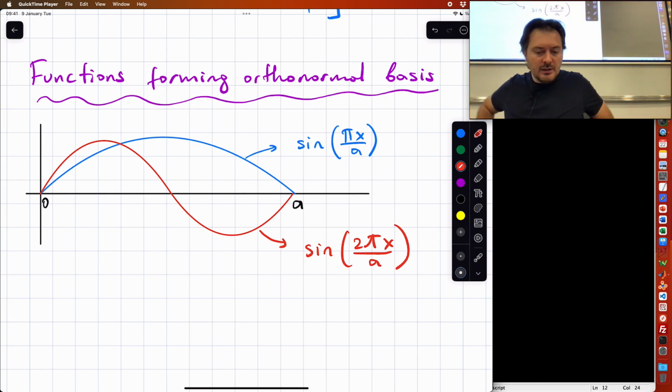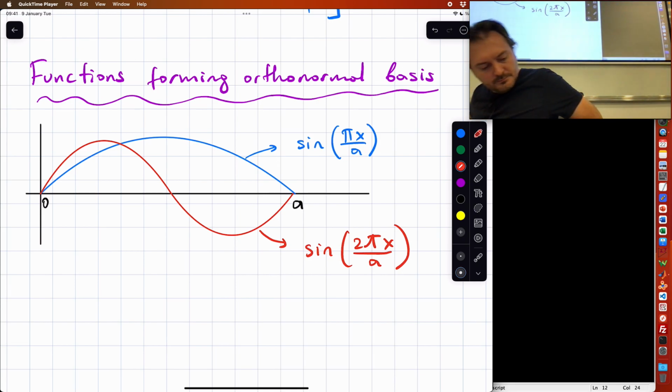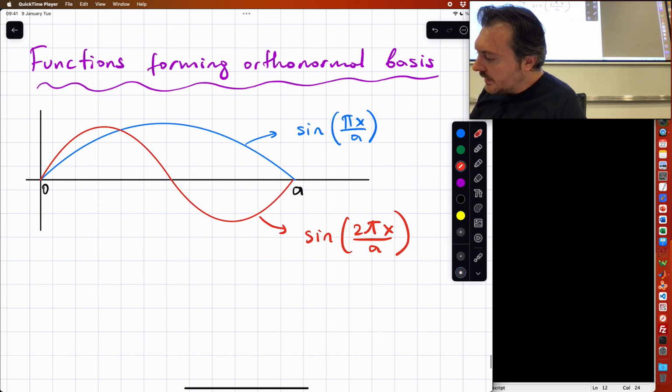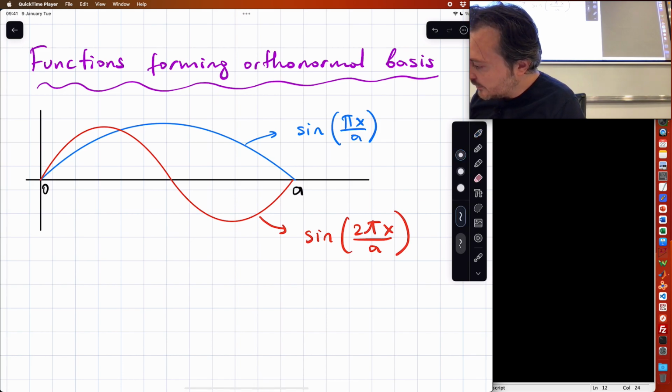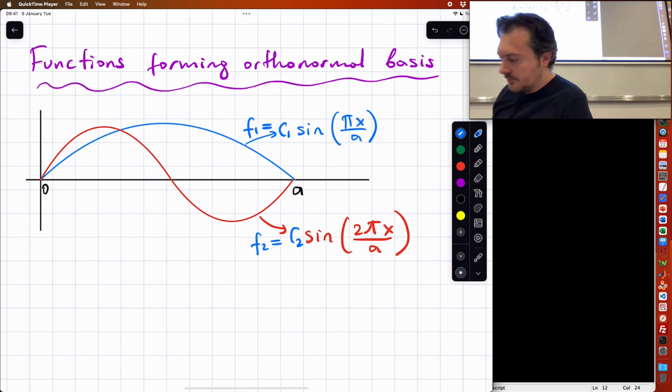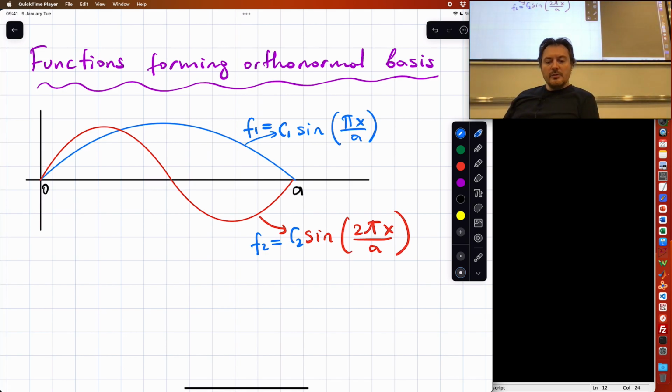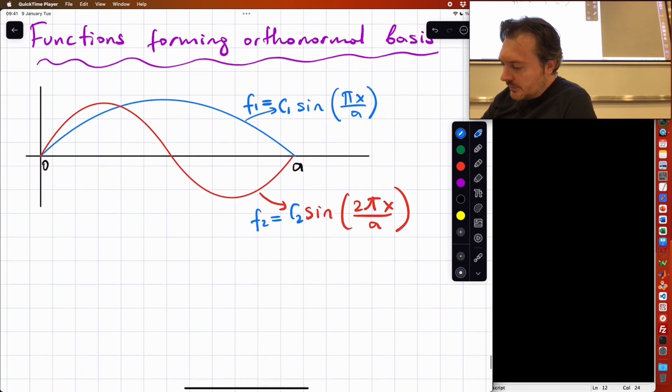We need to figure out what we mean by orthonormality for these functions. So, of course, there is some coefficient in front of it. Let me say some coefficients c1, c2. Okay, this is f2, this is f1. But for now, let's imagine these functions together.